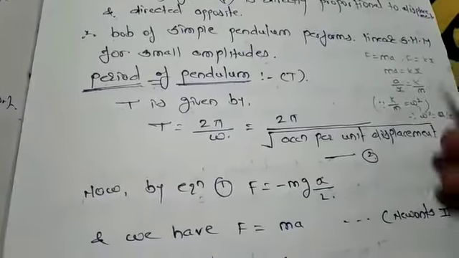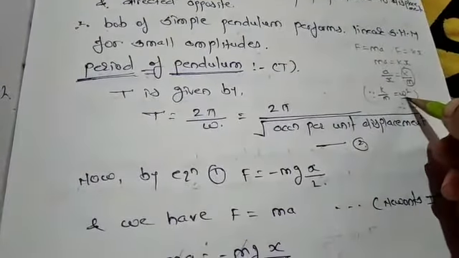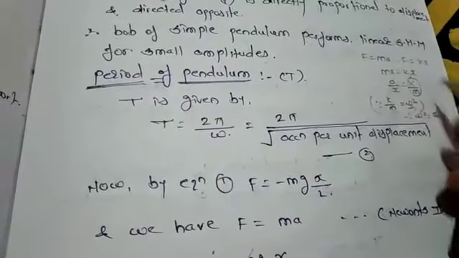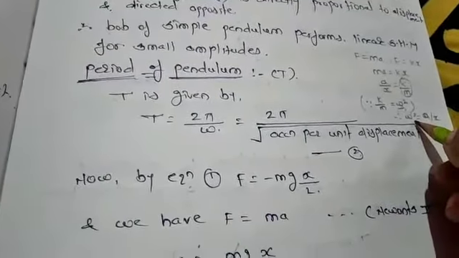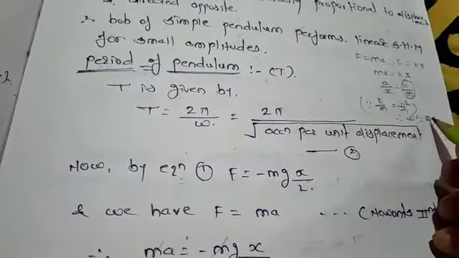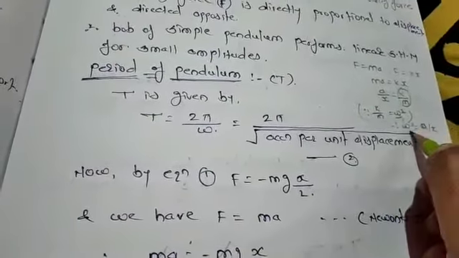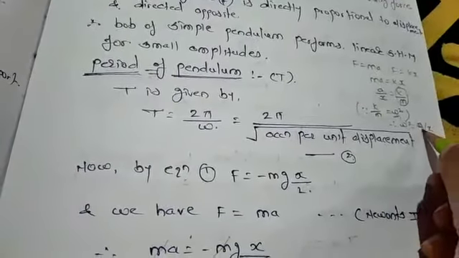And this k by m is nothing but the angular frequency, that is omega square. So we can write instead of k by m, omega square is equal to a by x. That is, a is the acceleration and x is the displacement. That is, omega square is equal to acceleration per unit displacement.